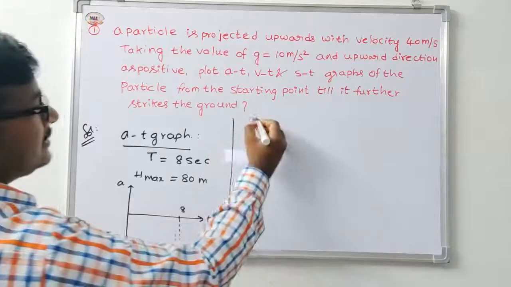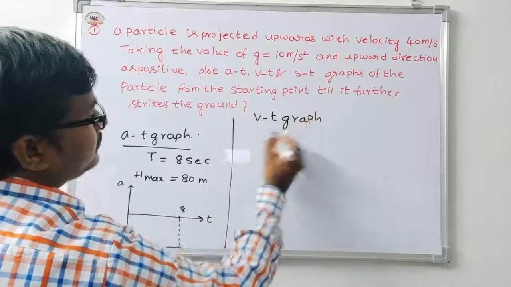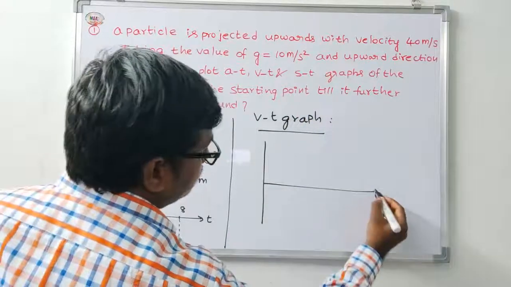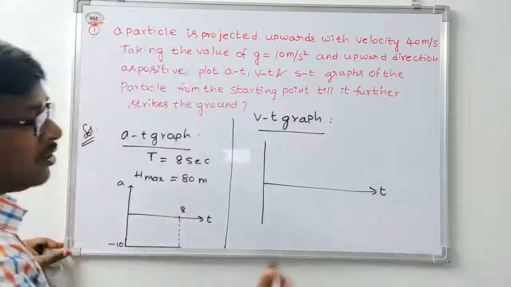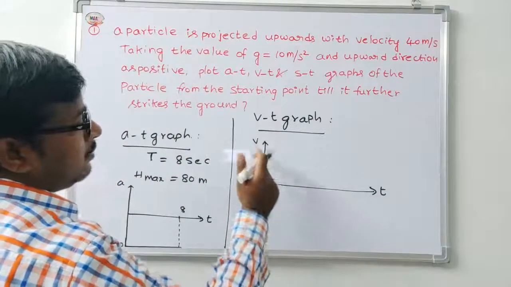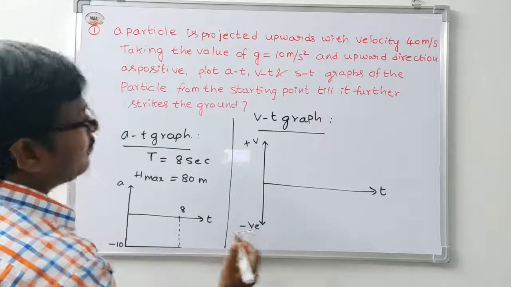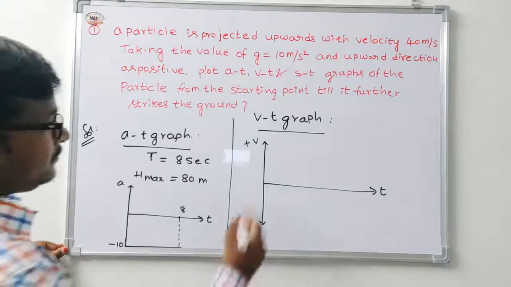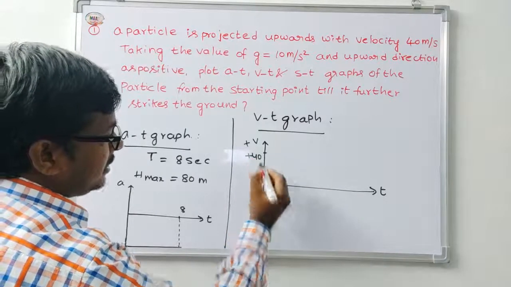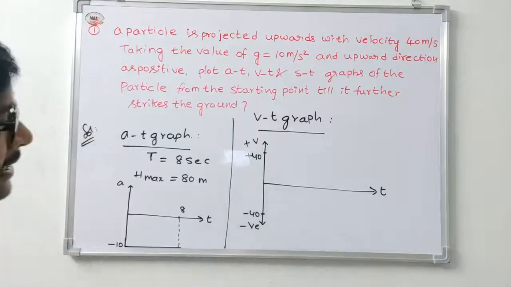The next is the velocity time graph. Time is along the x-axis; upward is positive v, and downward is negative v. This is positive 40 meter per second, this is negative 40 meter per second.